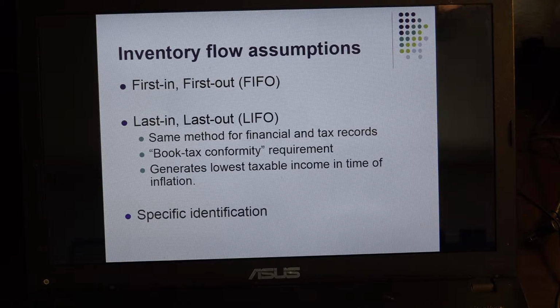If you recall, you have 4 inventory cost flow assumptions, do you not, under financial accounting? Here, you don't have the option of weighted average. You have first in, first out, FIFO, last in, first out. It says last out. It's supposed to be last in, first out. LIFO, and then specific identification.